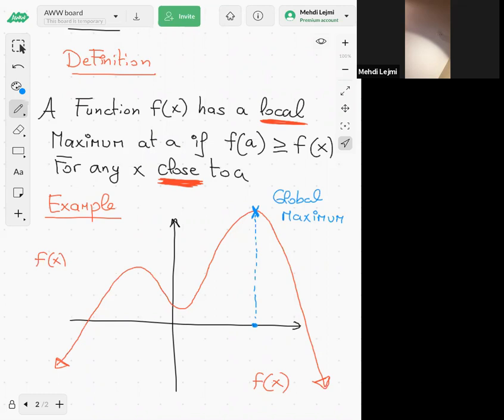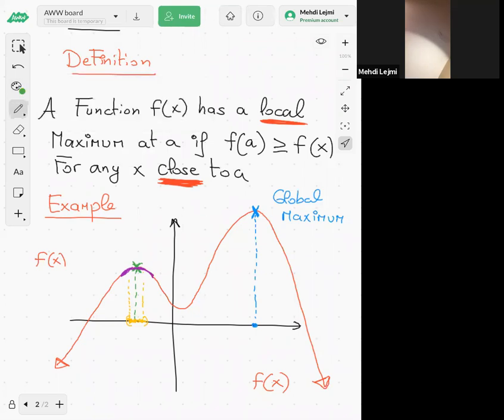Now, do we have a local maximum? Yes. At this point here, if you take a small neighborhood of your point a, then the corresponding values of the function f are going to be lower than your green point.